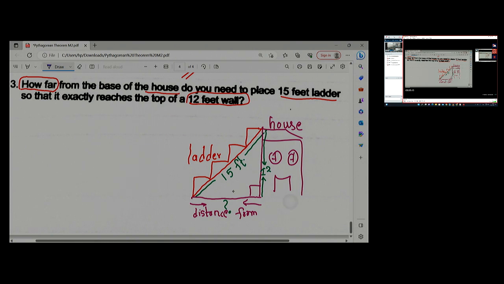So we can consider leg A, leg B, and hypotenuse C. What is AB? Legs. C is hypotenuse, because we can see a right triangle. Okay, find the distance from the house and the ladder. Okay, write down.